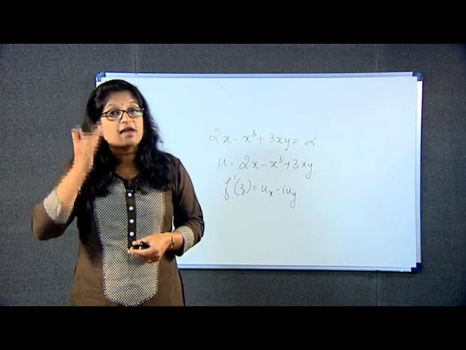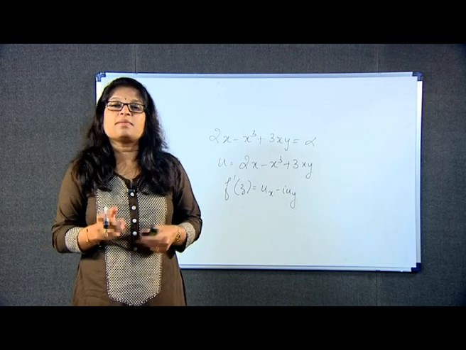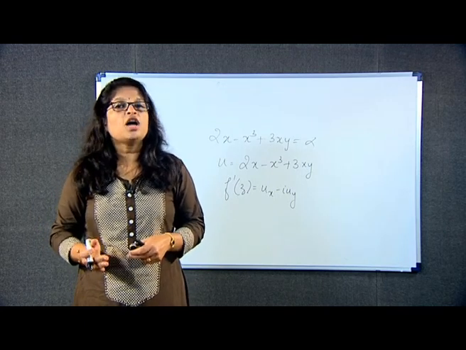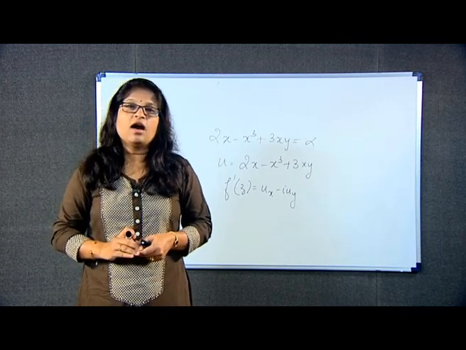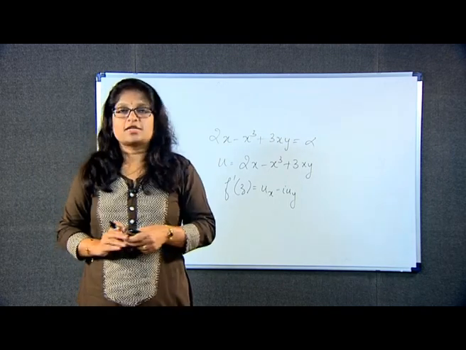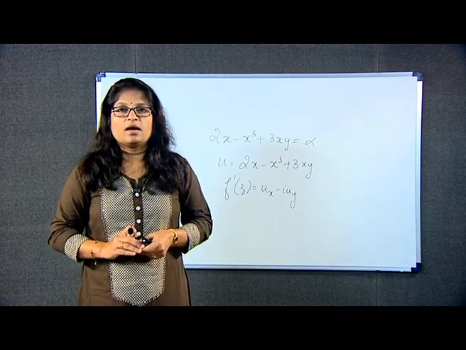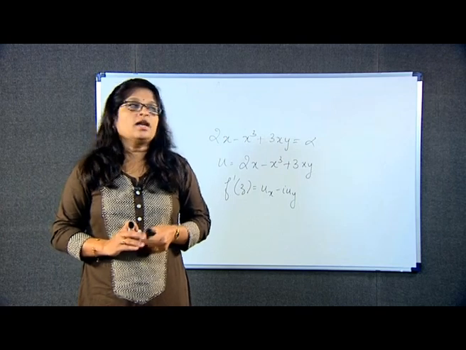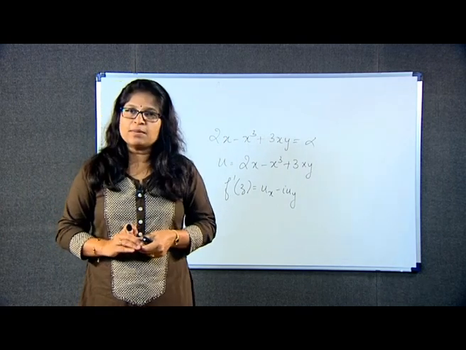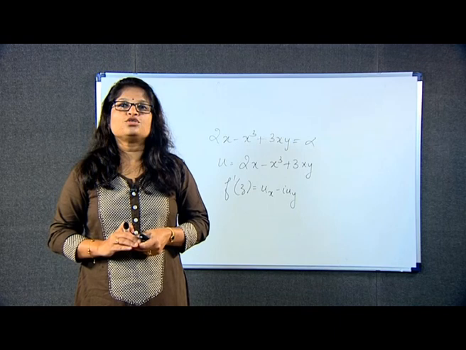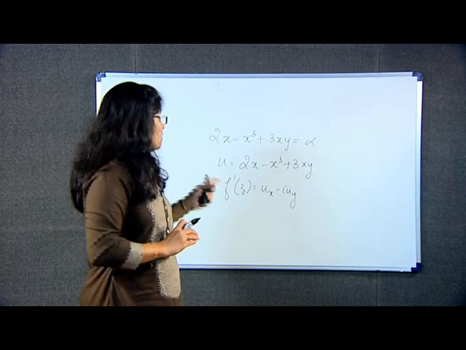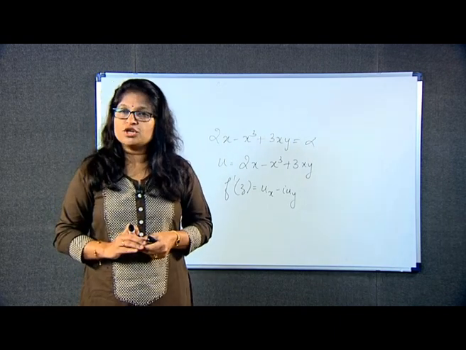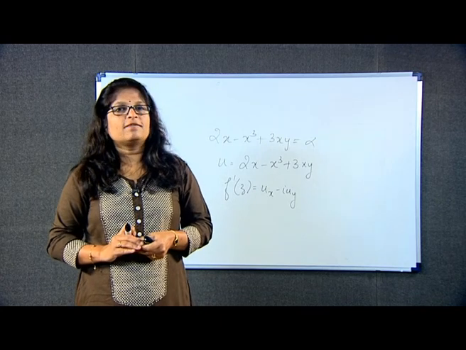Then you get your f of z in terms of z, which can be separated into real and imaginary part to get the orthogonal trajectory of the given set of curves. Or else you can still call it as u, and use the analytic property of f of z, where f z is equal to u plus iv, an analytic function.